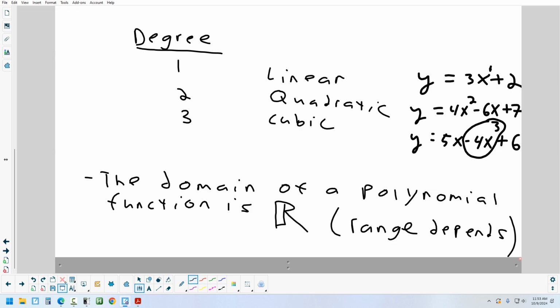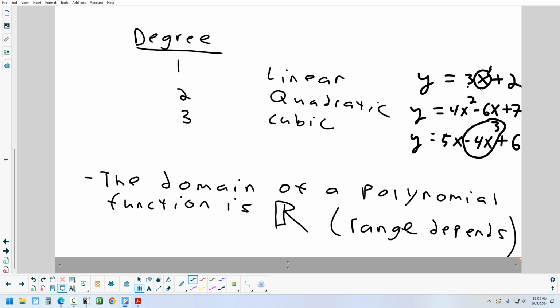Now, the nice thing about polynomials is the two things that could lead to problems, trying to divide by 0 and taking square roots of a negative, aren't allowed in polynomials. That means you will always be able to plug in any number you want. There's no number that you can plug in here that would give you an error.